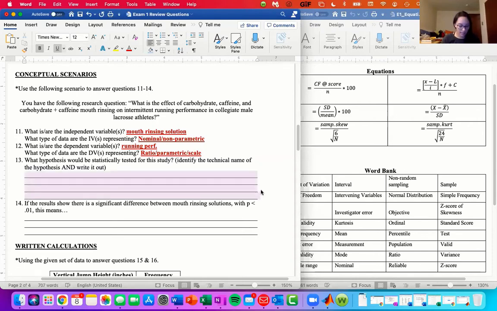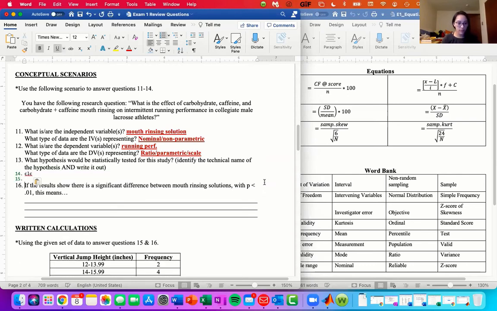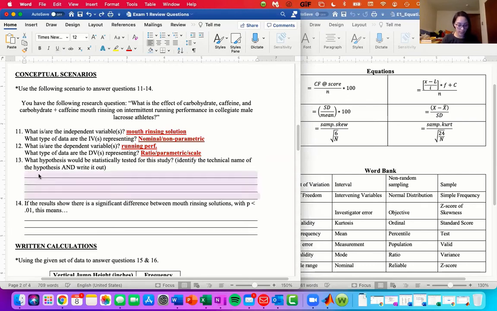So then let's look at, oh no, that's coding. We don't want that. All right. So based on this research question, what hypothesis would be statistically tested for? So you have two choices, null hypothesis or a research hypothesis.